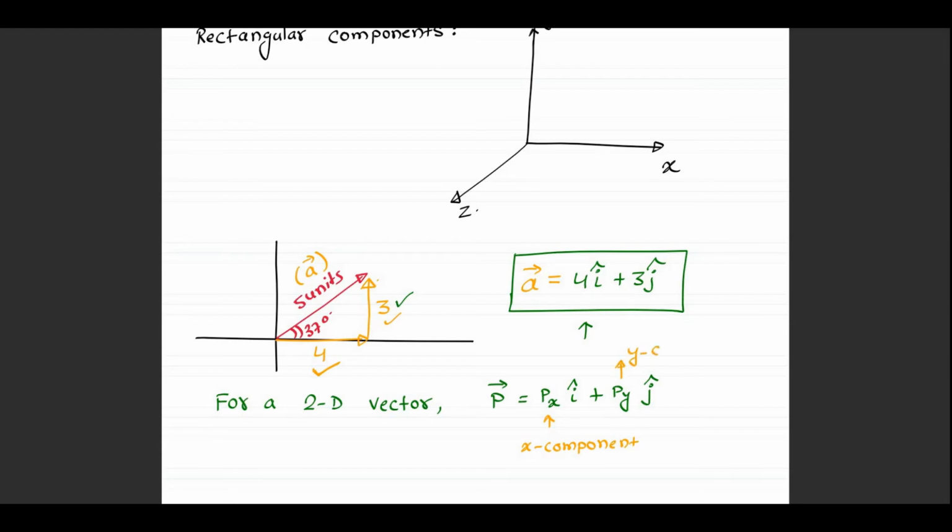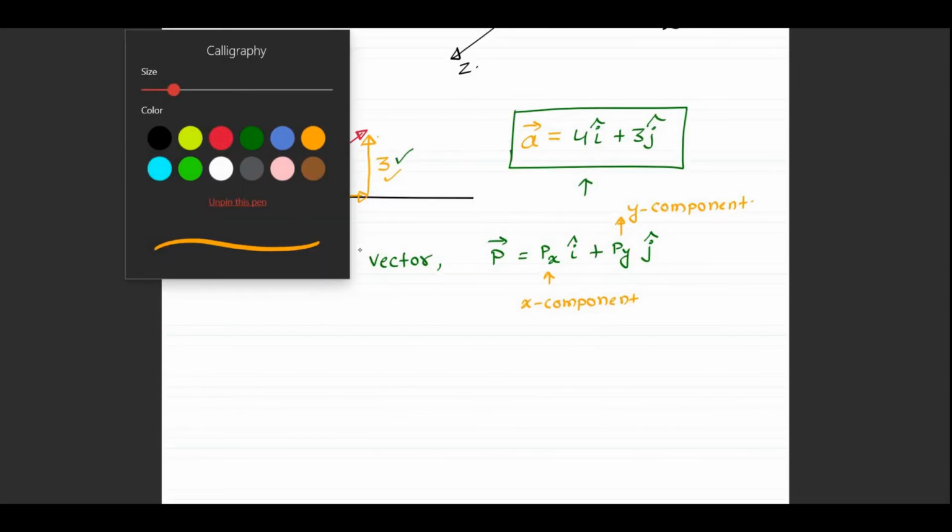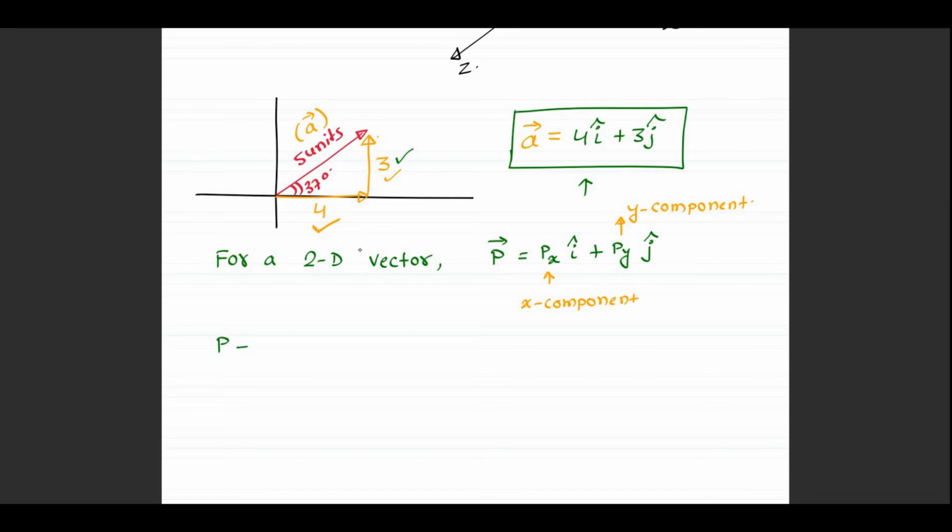This is known as Y component. So X component and Y component. If I want to get magnitude of P, that will be root over Px square plus Py square.